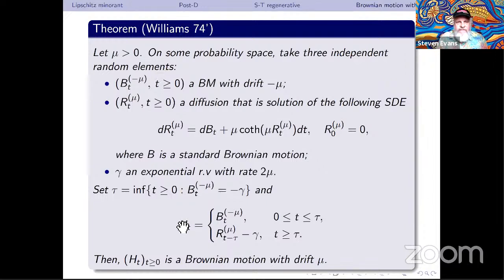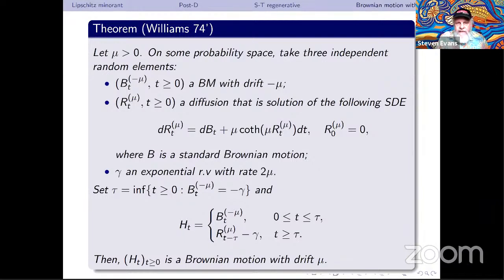This slide's written in a bit of a backwards way, so maybe let me start down at the bottom. Suppose mu is bigger than zero. What Williams was interested in was a description of Brownian motion with positive drift mu in terms of the time and location of its global minimum.